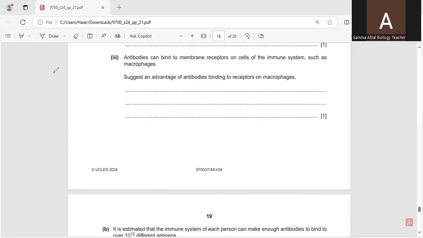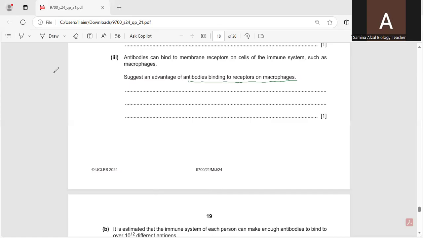Actually, antibodies bind to receptors on macrophages because in this way it will be easy for the macrophages to engulf. So destruction of the pathogens will take place.